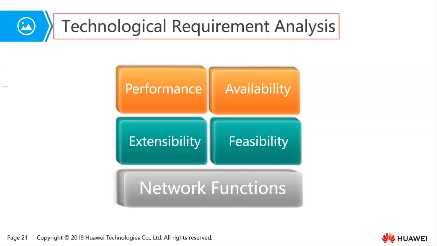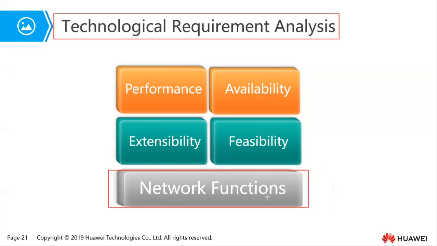In doing the technological requirement analysis, the most fundamental technological objective that we are supposed to consider is the network function. This network function serves as the basis for the other technological requirements.